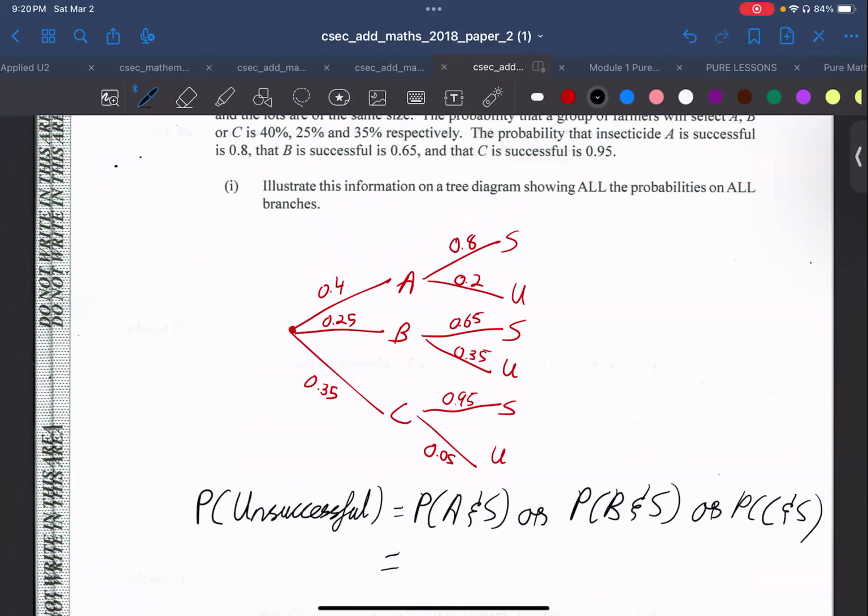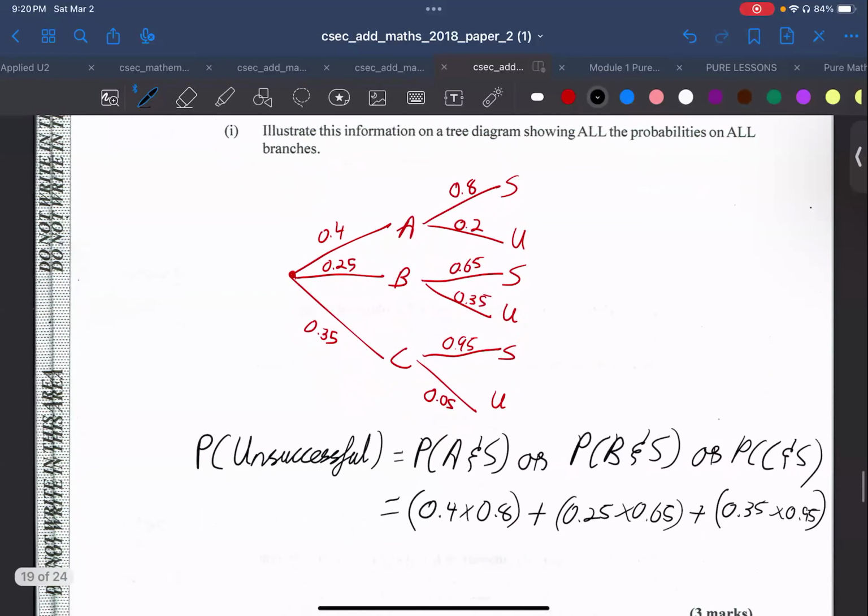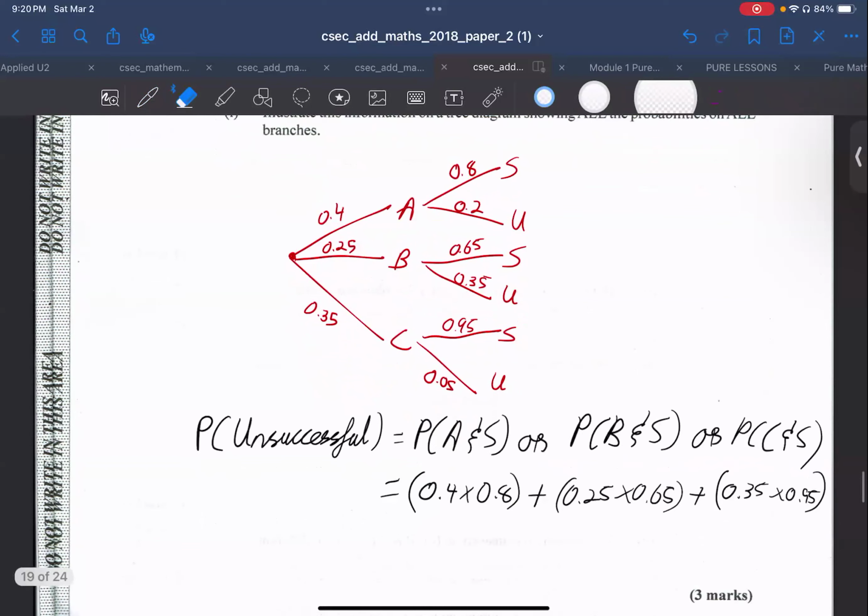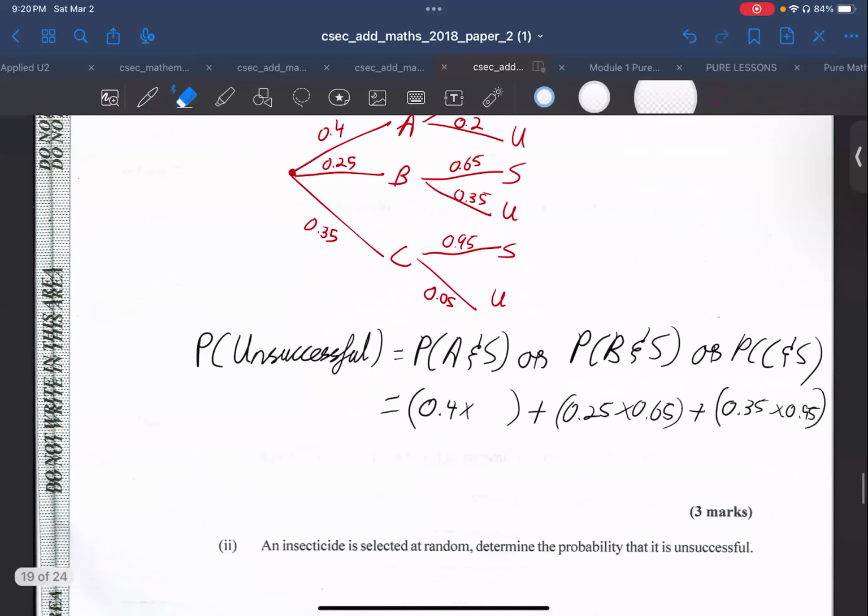So A and successful would be 0.4 by 0.8, and what is or? Add 0.25 by 0.65 plus 0.35 by 0.95, right? So why do you say successful? Yeah, it's actually unsuccessful.